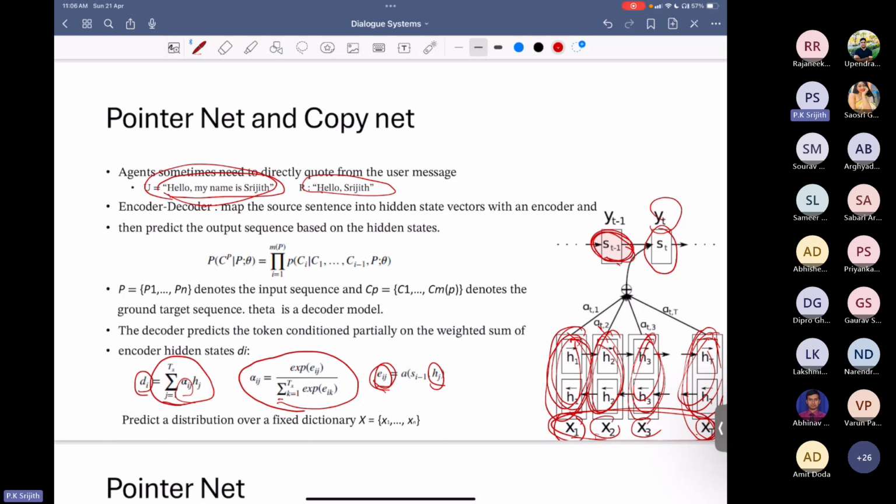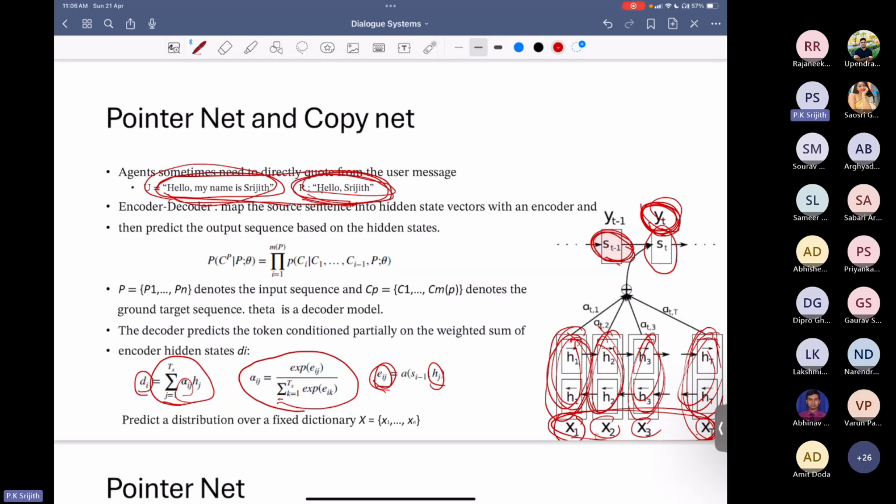But the whole process tries to find some kind of a probability distribution. When it tries to generate this output y_t, it finds a probability distribution over all possible words in the vocabulary, and then assigns the word which is most probable. But as we saw in this example, in these specific kinds of situations, you don't have to find a probability distribution over all possible words in the vocabulary.